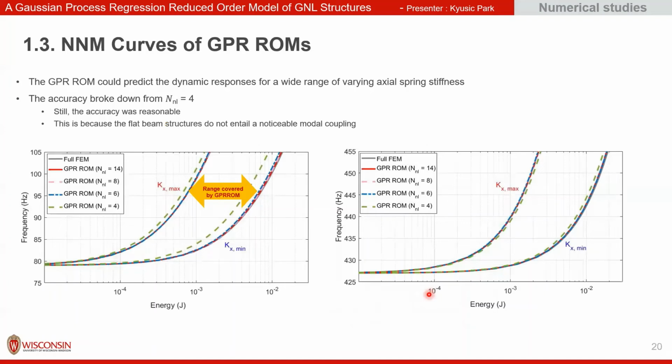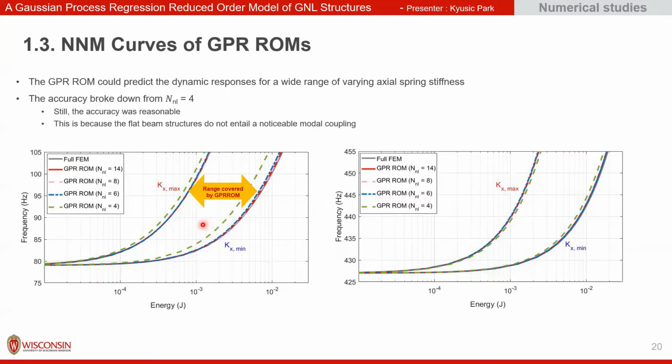The accuracy and robustness of the GPR ROMs were evaluated using their nonlinear normal modes, or NNMs. And the GPR ROM could estimate the variability of nonlinear responses for a wide range of boundary stiffness. The NNM curves closely matched the reference NNM of the full FEM.